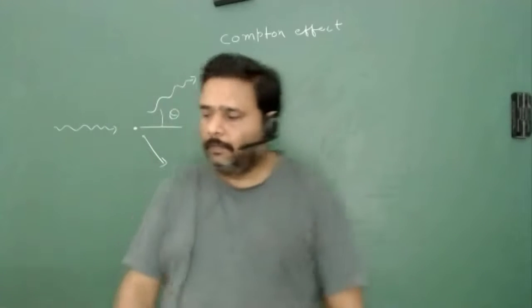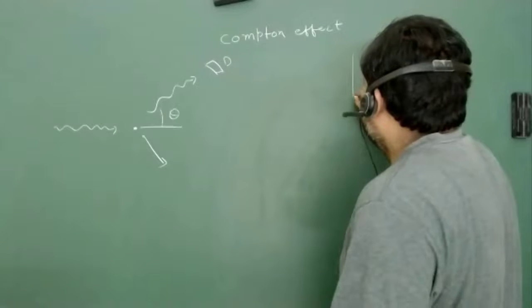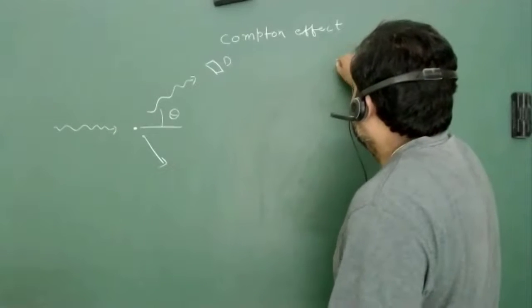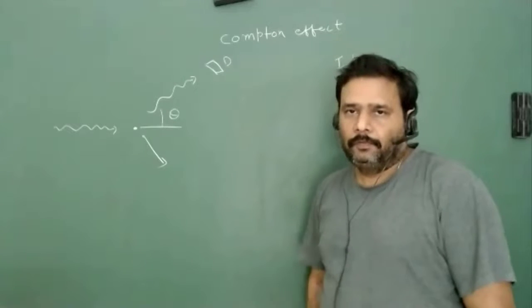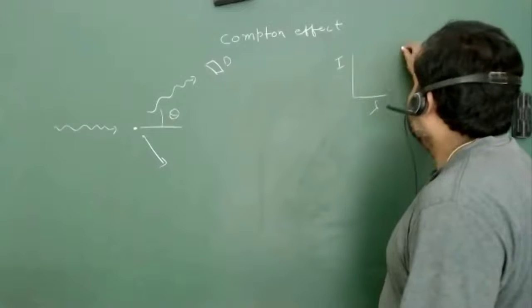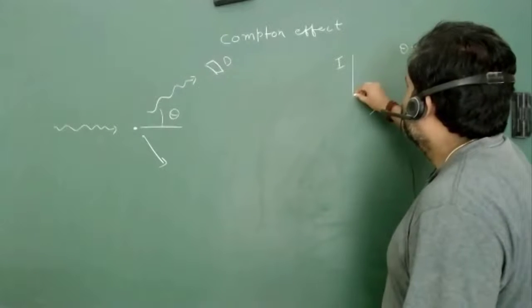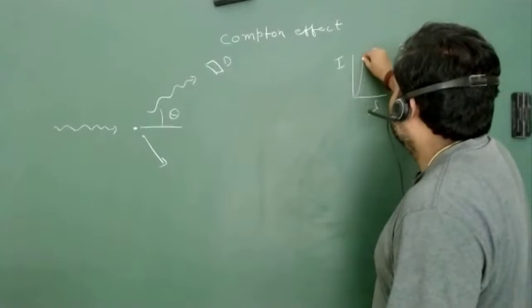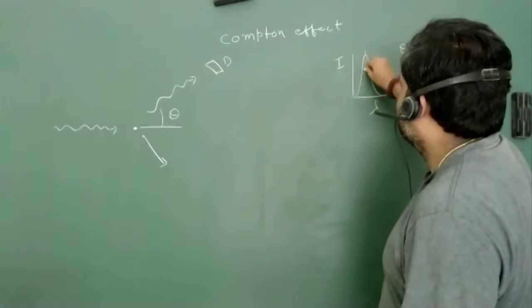We have plotted intensity versus lambda for different angles. First we plot for theta equal to 0, and we see this kind of plot.